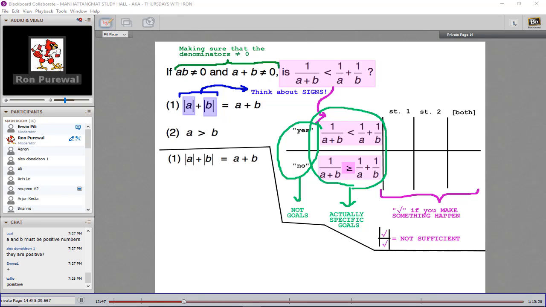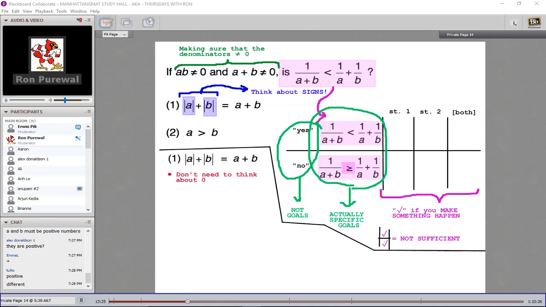And yeah, a couple of you have said it in the chat box. If you think about when these would be equal, basically if either A or B were negative, then the absolute value would be positive and it would be bigger. If 0 were allowed, we would also have to think about 0, but it's not because the problem rules that out.